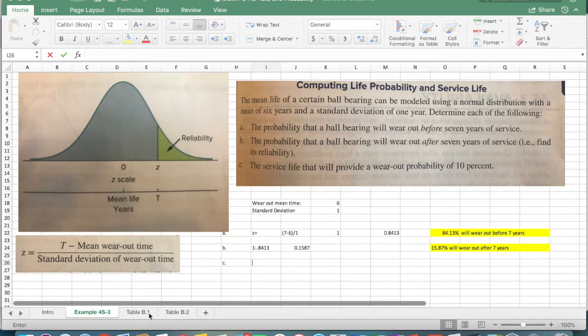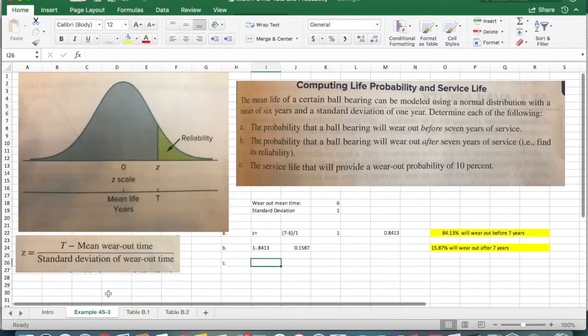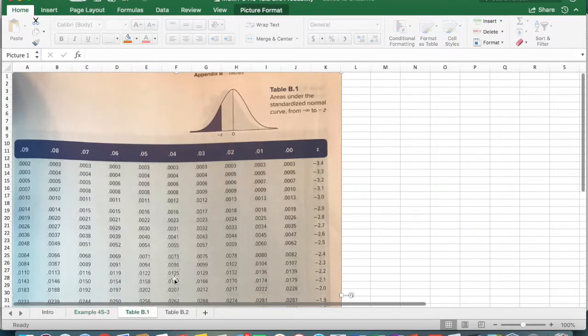Okay, I needed to grab another table from the book. So we're going to use table B1 in the back of the book for this. Ten percent is going to be way over here. So looking at table B1, we're looking for the area of the curve under here that equals 10%.